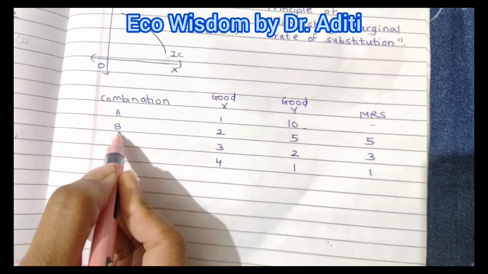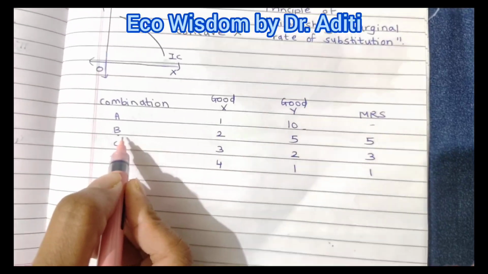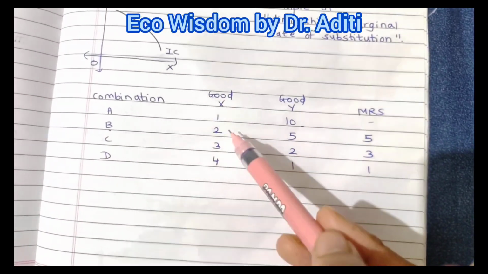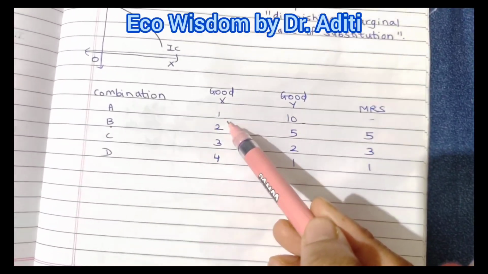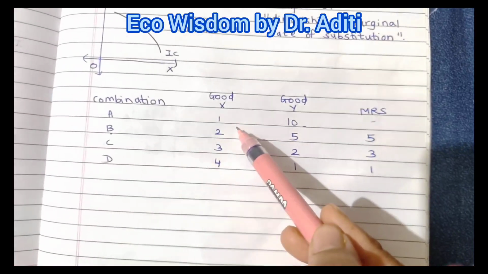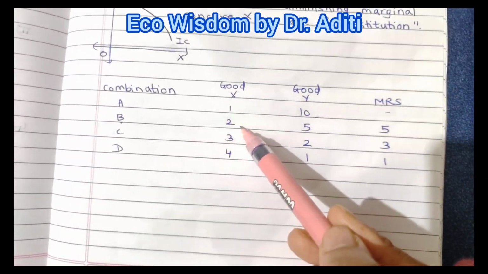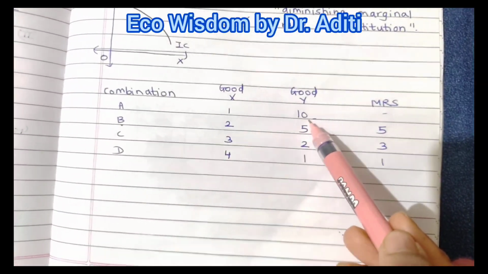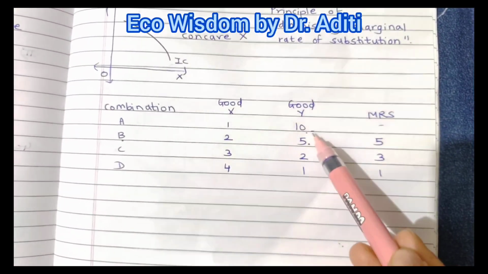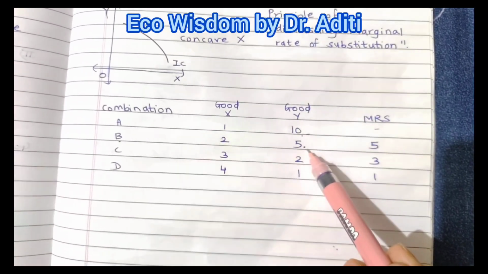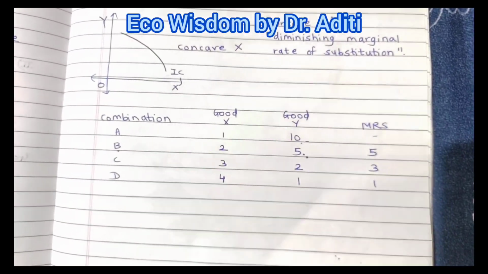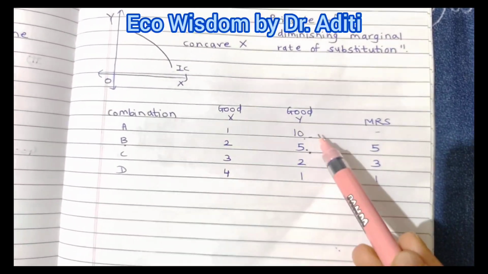Now there is another combination, B. Here the units of commodity X are being increased. So 1 is becoming 2, and for that 10 is becoming 5. So there is a reduction naturally. We have seen this before, that is why it is downward sloping. When one is increasing, the other has to decrease.